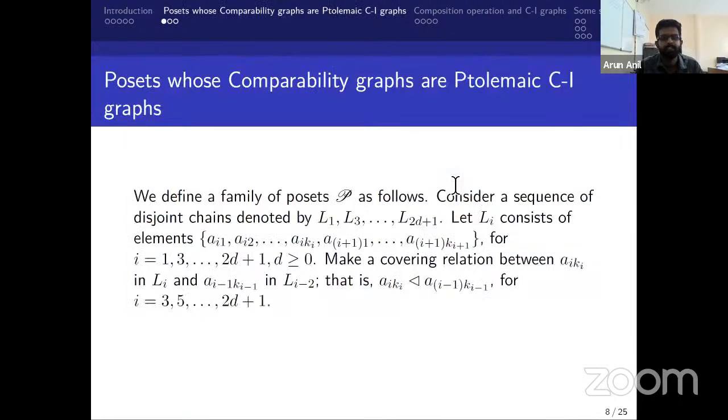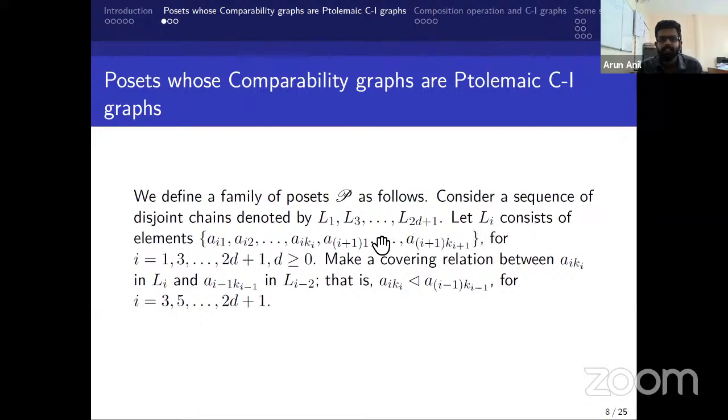Coming to the first main section: posets whose comparability graphs are Ptolemaic CI graphs. We define a family of posets P as follows. Consider a sequence of disjoint chains. Chains mean every two elements in the chain are comparable in the poset. Label them L1, L3, and so on, up to L2d plus 1.